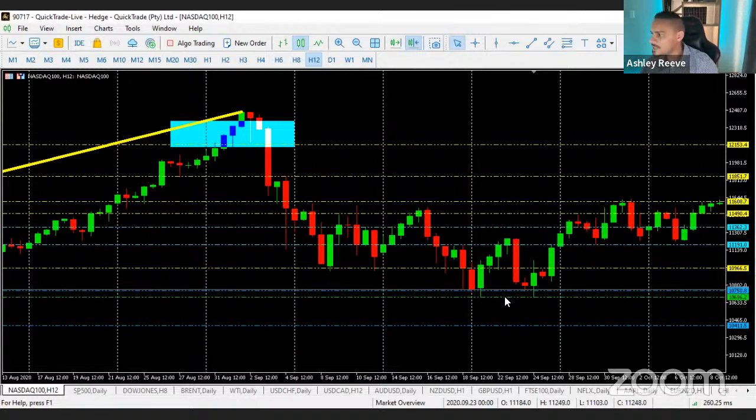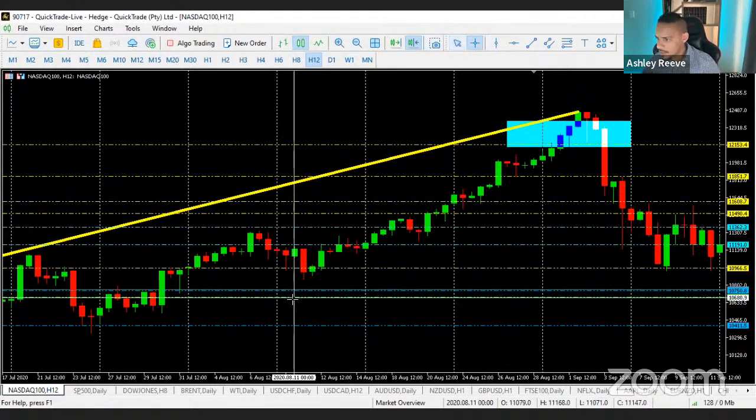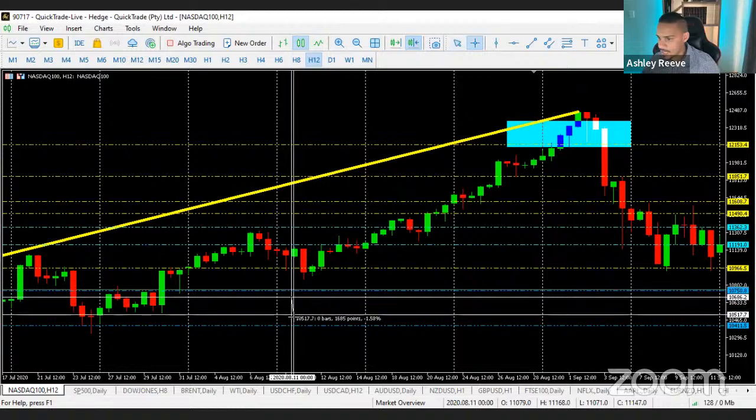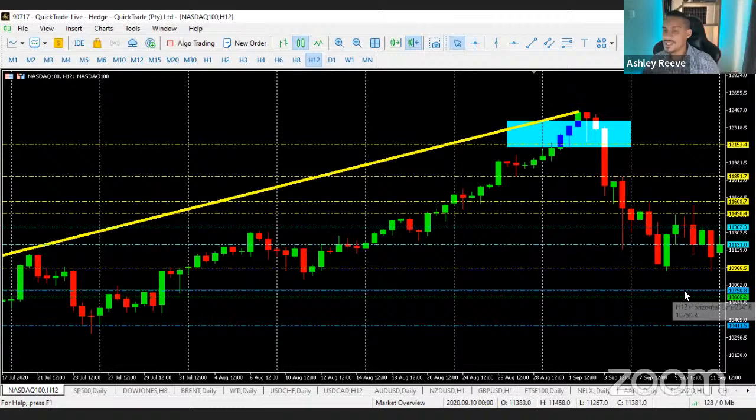So if you shave the wicks here, 10.66. Can you see how this becomes a much better entry there? Now you're going to have less pips, yes. It's about 268 pips, but 10.686 is a better entry than 10.750. Are we together?